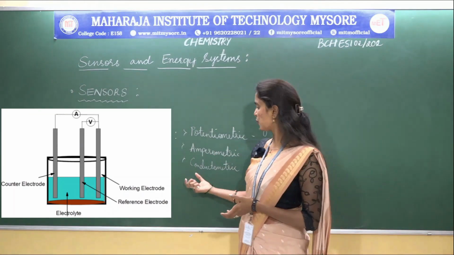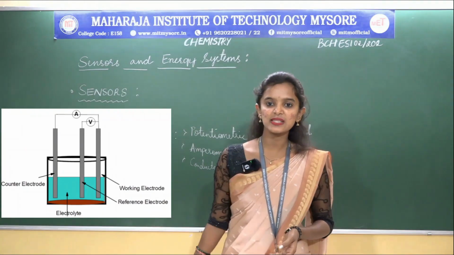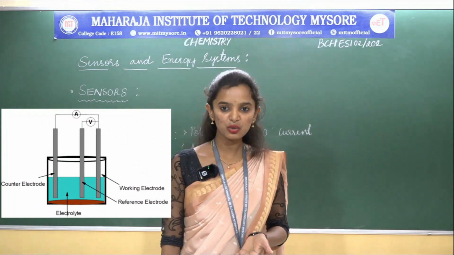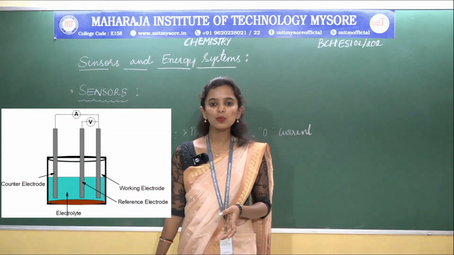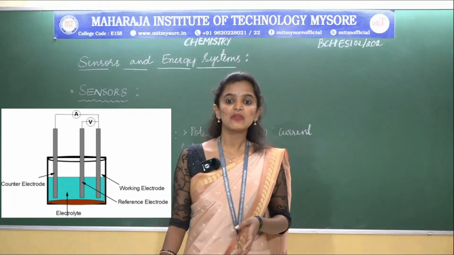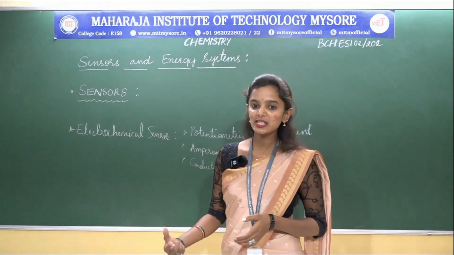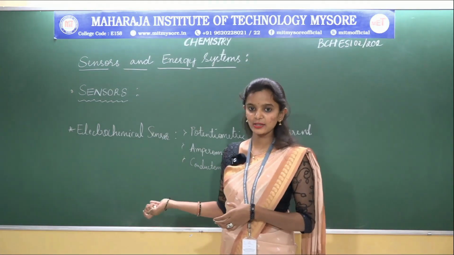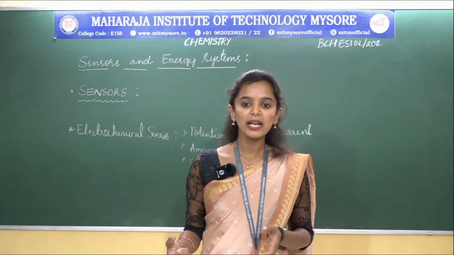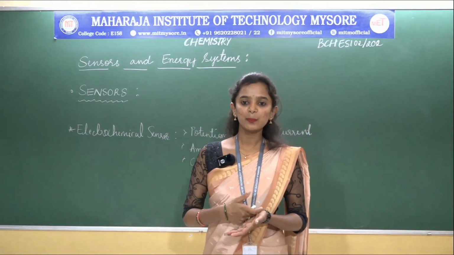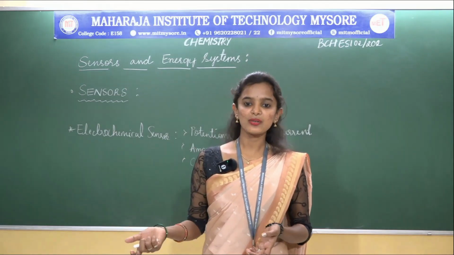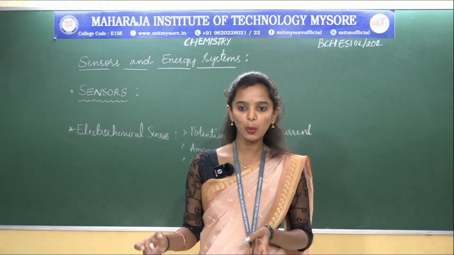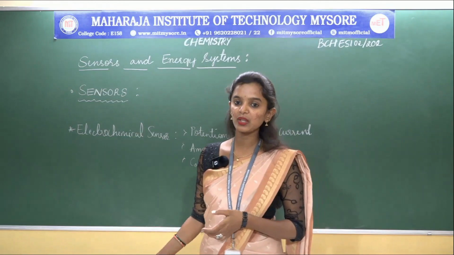So, the principle of conductometric sensor says that it is composed of 2 electrodes which are coated with a highly sensitive material which responds to the change in the specific conductance of the analyte. When an analyte meets the electrode coating, it binds to the surface, causing a change in electrical property of the sensor.